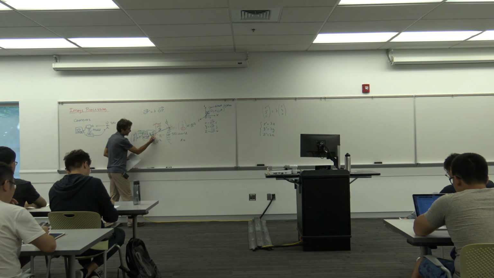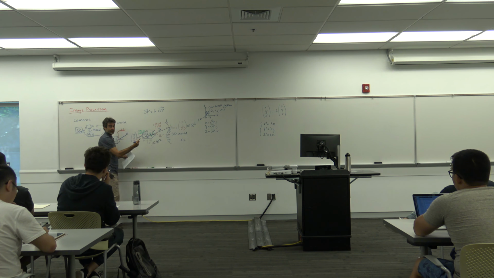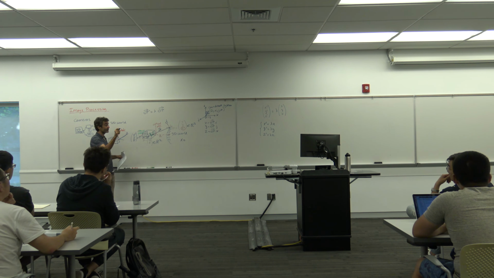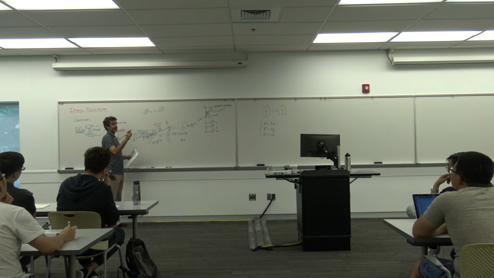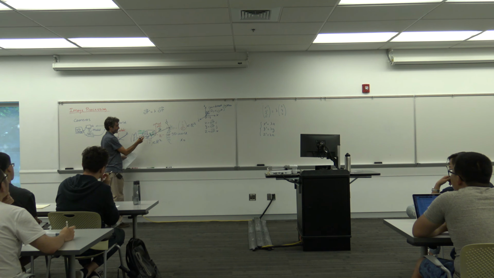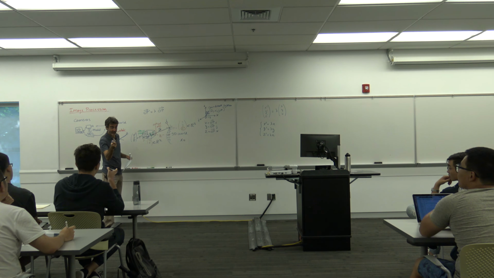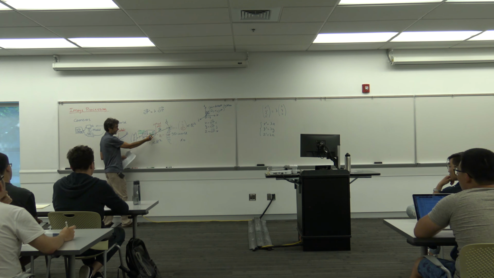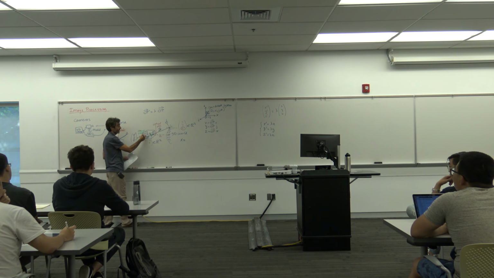Now remember, this is z. Can anyone tell me what z prime is? I haven't explained what the focal length is, but yes, that's correct. It's the distance from the pinhole to the image plane along the k vector direction, or the optical axis.